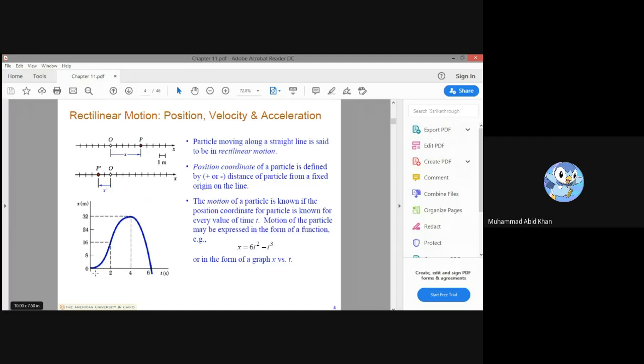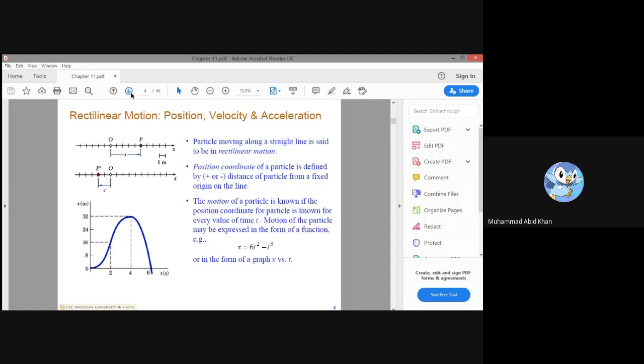The motion of the particle may be expressed in the form of a function, this one. These equations are given or solved, or given in the form of a graph, x versus t, distance versus time, where distance is in meters.